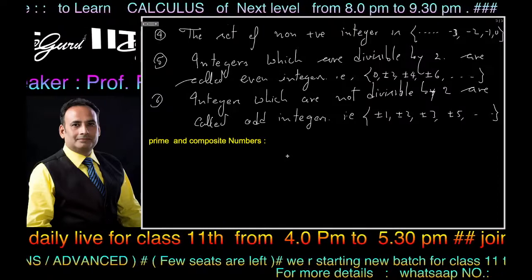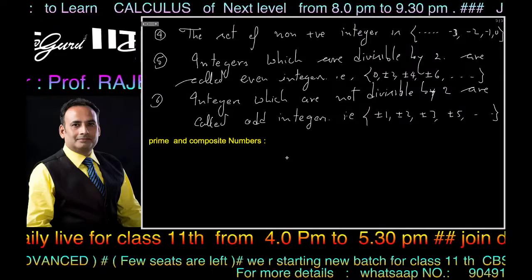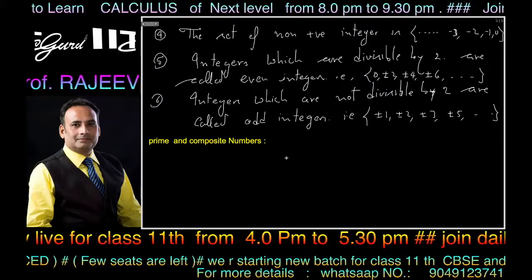So what are the prime numbers and what are the composite numbers?